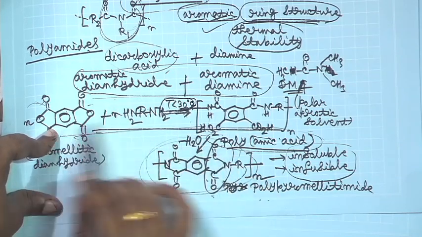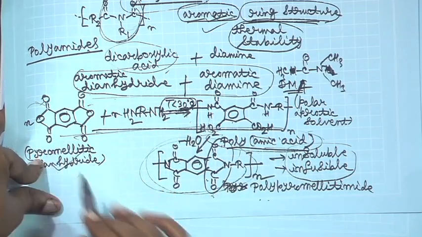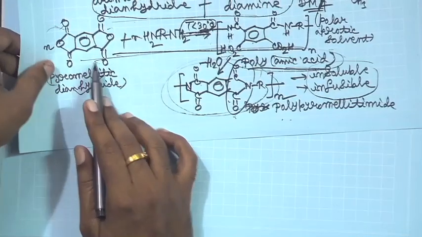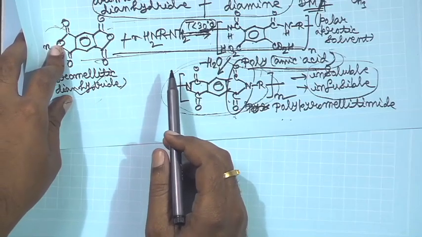Now, an example of polyamic acid preparation, of course, we have already discussed one example. Another example could be, you start with pyromellitic dianhydride and you take a specific diamine. Okay.